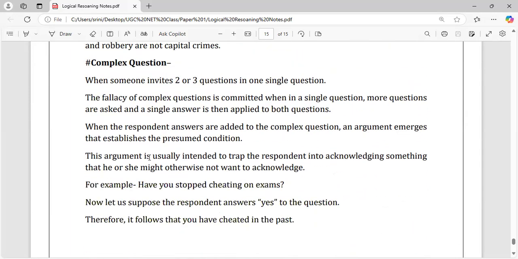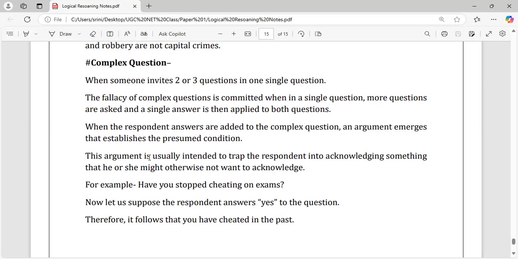Complex questions: when someone packs two or three questions into one single question. The fallacy of complex questions is committed when a single question asks more than one thing and a single answer is then applied to both. When the respondent's answers are added to the complex question, an argument emerges that establishes presumed conditions.